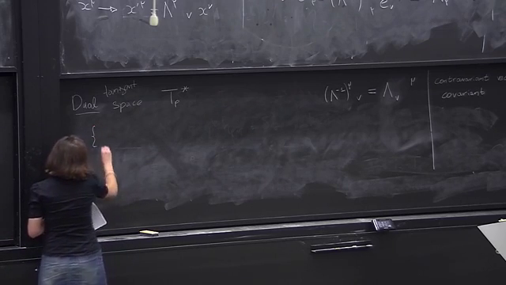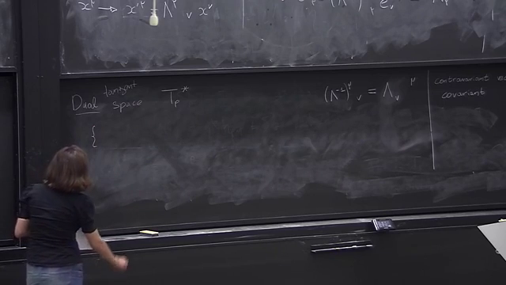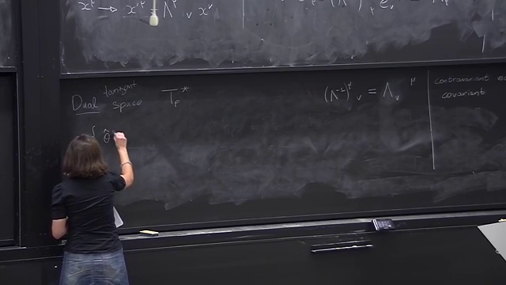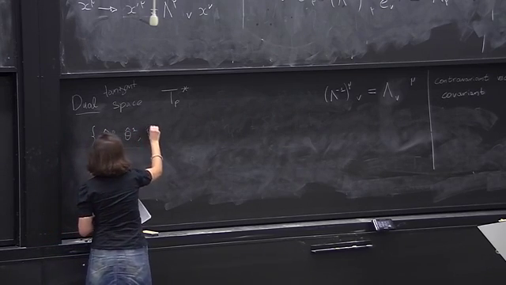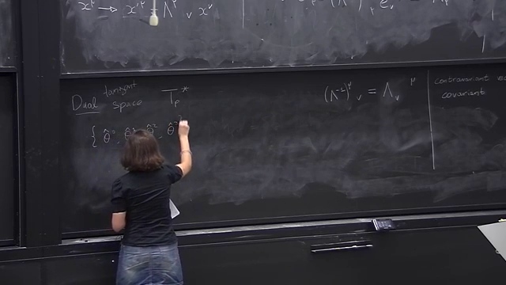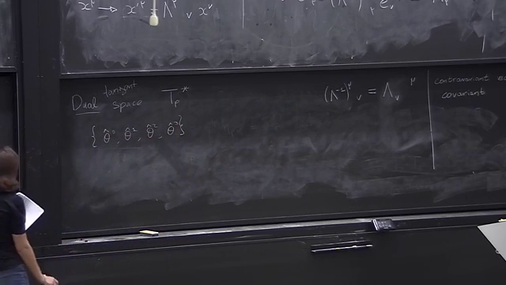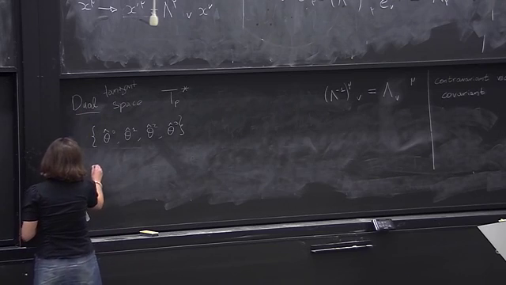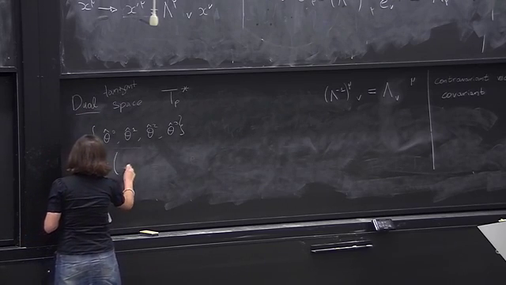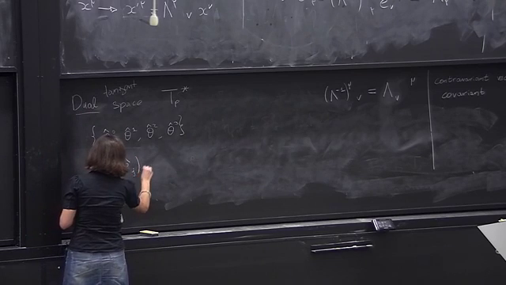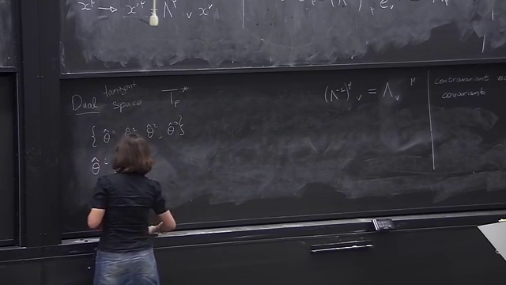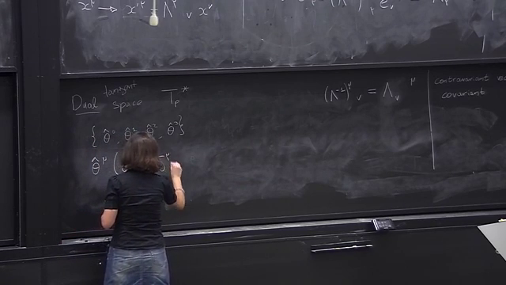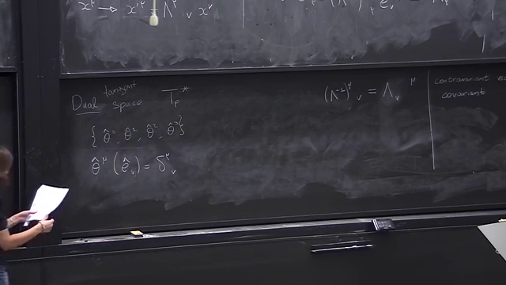So the basis of this space, if I denote the basis vectors by theta 0, theta 1, theta 2, and theta 3, we should imagine them as acting on the basis vectors of the tangent space. And by definition, theta mu of E nu should be equal to delta mu nu.